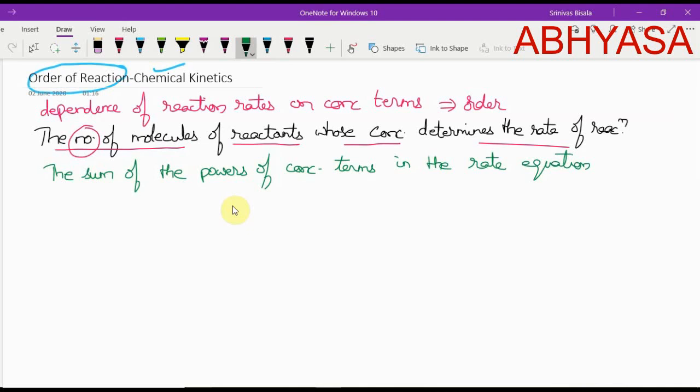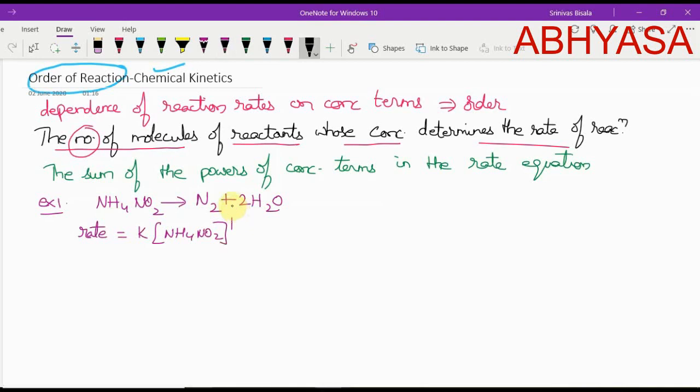Let's understand this with the help of some examples. Let us take the decomposition of NH4NO2 giving rise to nitrogen and water. Now here the rate expression for this particular chemical reaction is like this: rate equals K into [NH4NO2] to the power 1.